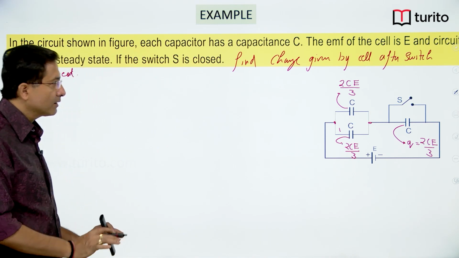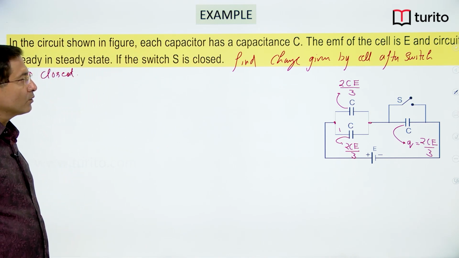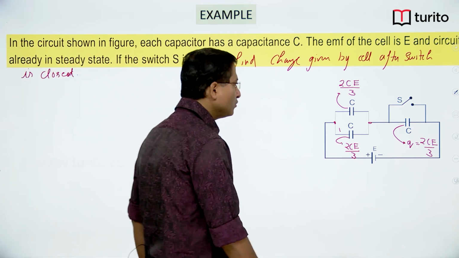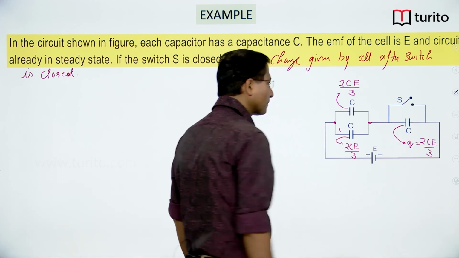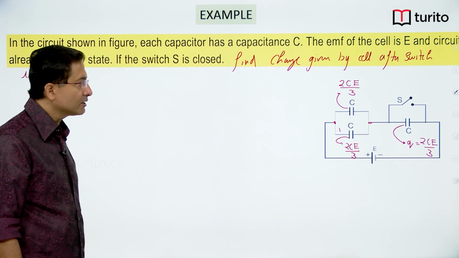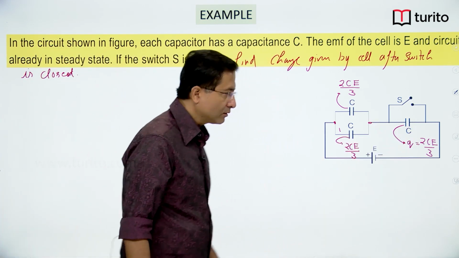So this is the final distribution we had before closing the switch. Now what happens when we close the switch? As you close the switch, there is no use of this capacitor, right. Immediately its charge will become 0 because it is short circuited, its two ends are connected.